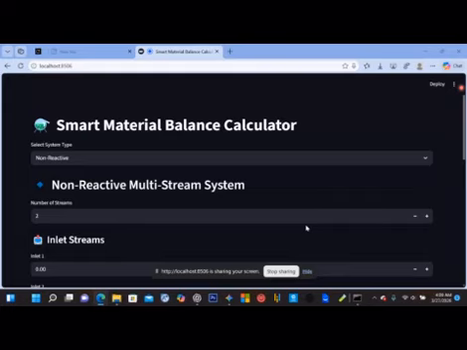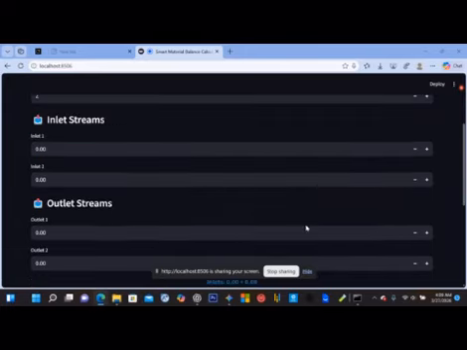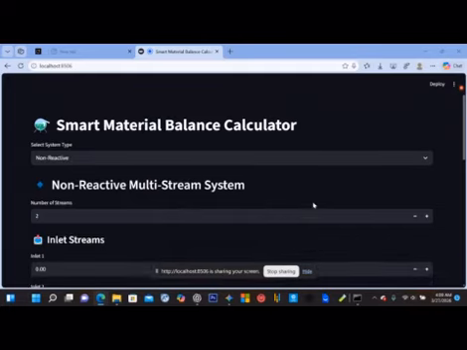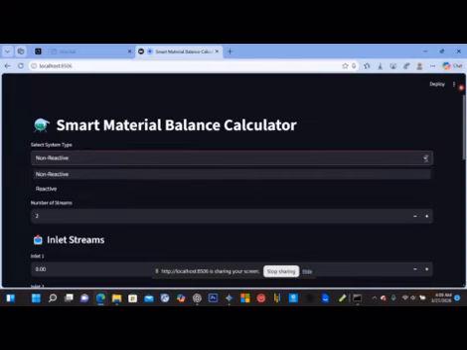So fast forward, as we can all see, this is the graphical user interface of my Smart Material Balance Calculator. I'd like to take you through some of its features. From here we can see the select system type, and we can toggle between non-reactive and reactive systems.